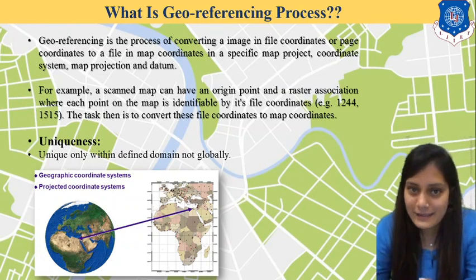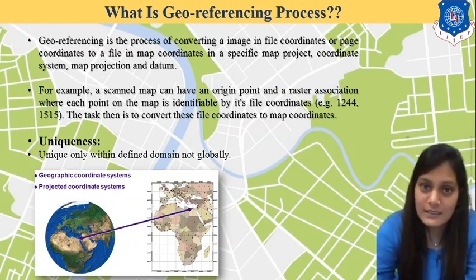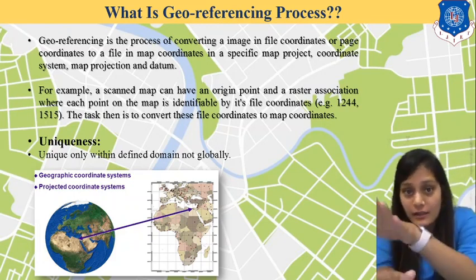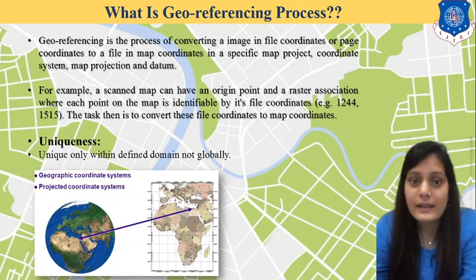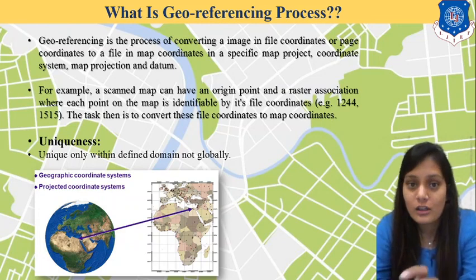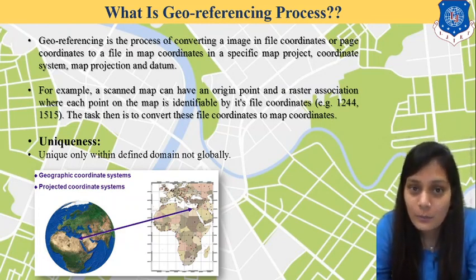Right, I have a right image of Ahmedabad and I have a wrong image of Ahmedabad which is falling in Surat, but I want to overlap it on the right image of Ahmedabad. I will just take some points of the right image, which are known as ground control points. Those correct points from where I can bring that wrong image to the correct position are known as ground control points.